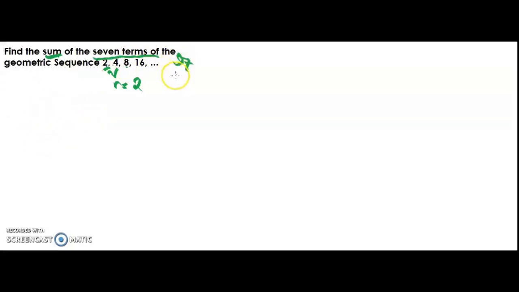Okay, so we're looking for the S sub 7. And for that, the solution will be, okay, S sub 7 is equal to the first term. Again, ang formula natin ay the first term times 1 minus the common ratio raised to n over 1 minus the common ratio. So we have, okay, so let's have now the first term.